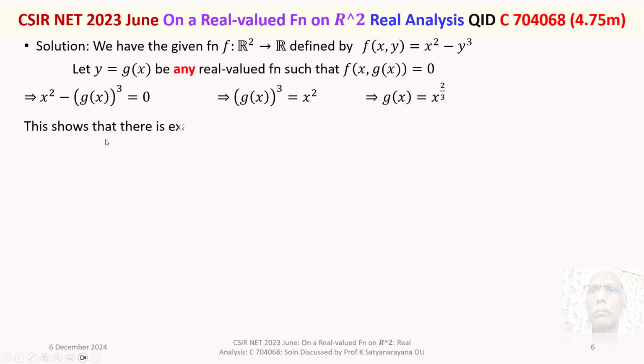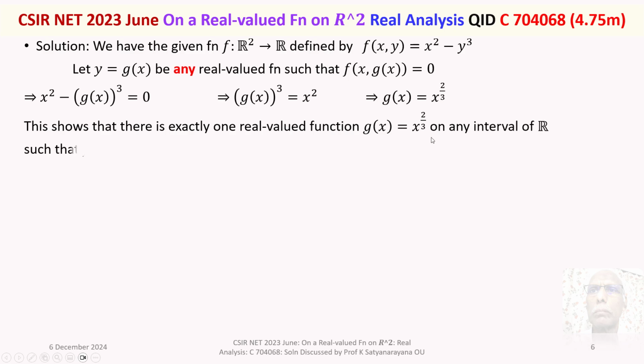So this shows that there is exactly one real valued function g of x equal to x to the power of 2 by 3 on any interval of R such that f of x comma g of x is equal to 0. Agreed.